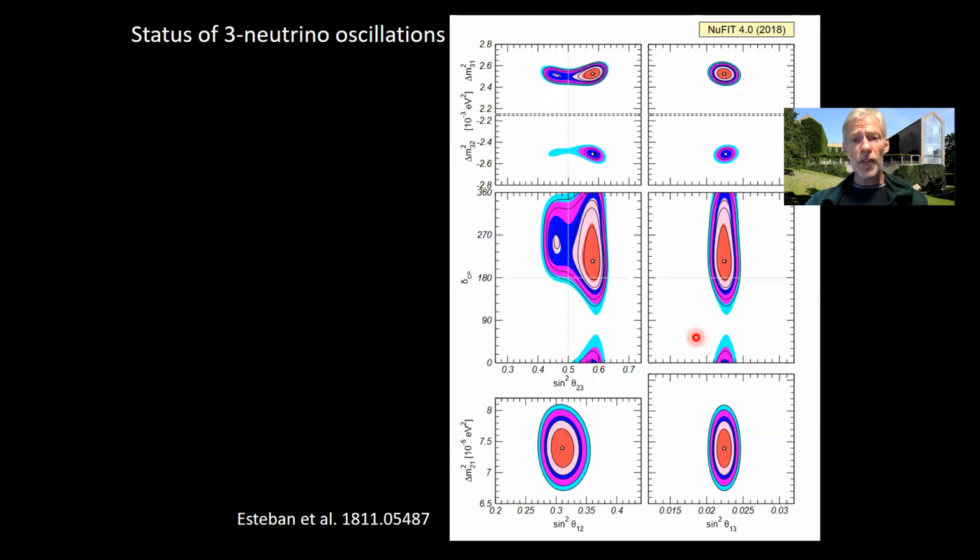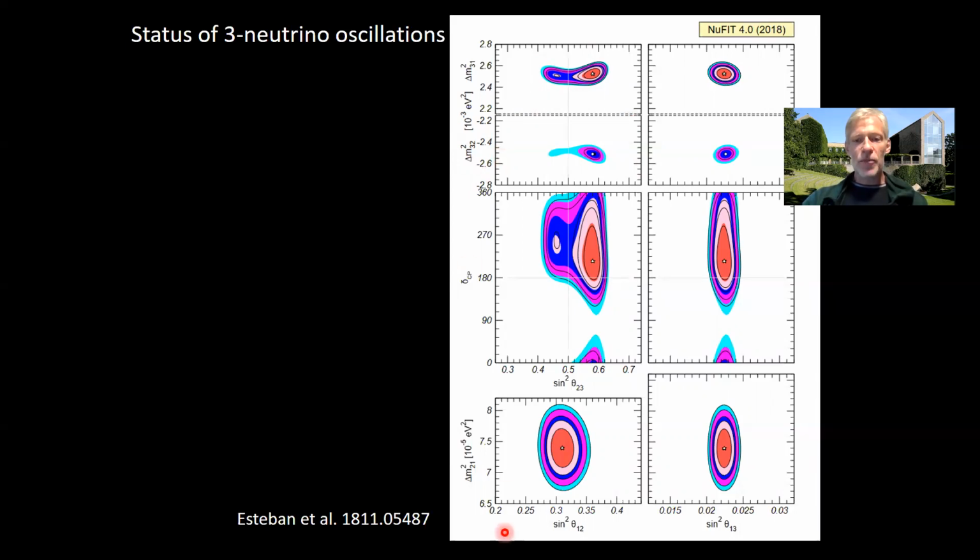Now, of course, like I said before, many of these parameters are experimentally very well measured. Some of the mass differences are at least numerically well measured. But you notice here, for example, there's the sign ambiguity for the 2-3 mass difference, because up to this point, atmospheric neutrino oscillations are really vacuum oscillations, and that means that they are insensitive to the sign of the mass difference.